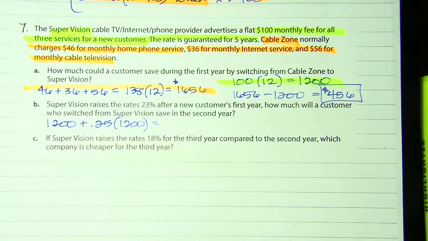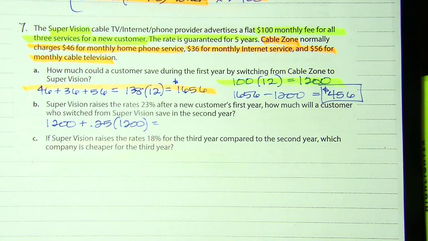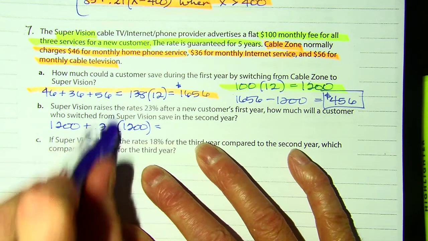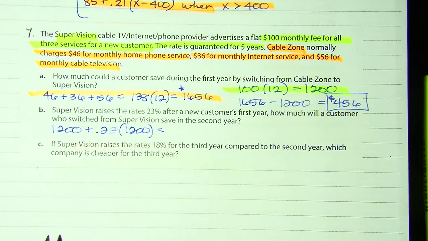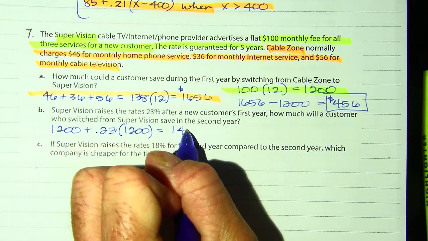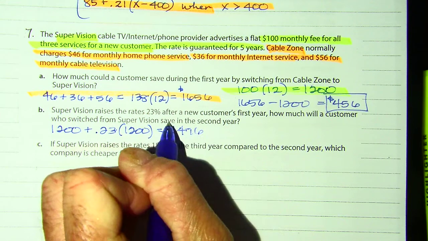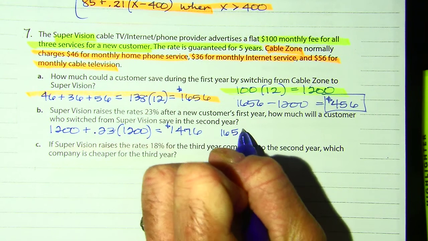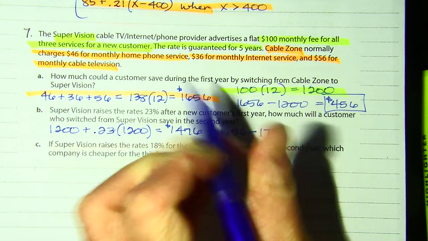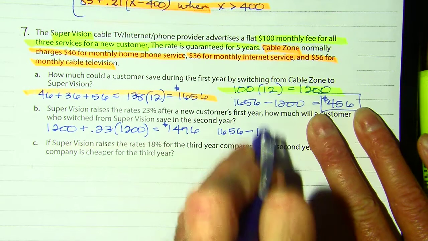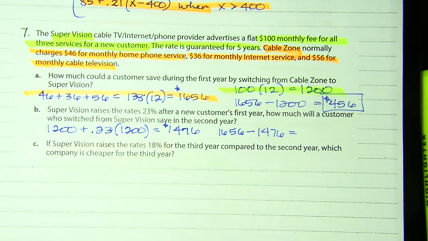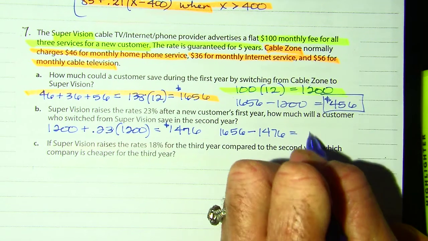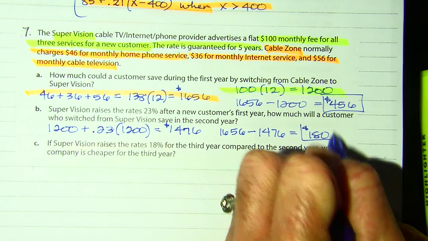That would give me a new fee of $1,200 plus 0.23. Whoops. I put 25, but this should say 23 times 1,200 equals $1,476. So in the second year, my savings are only $1,656 minus $1,476. So that would only be a savings of $180.